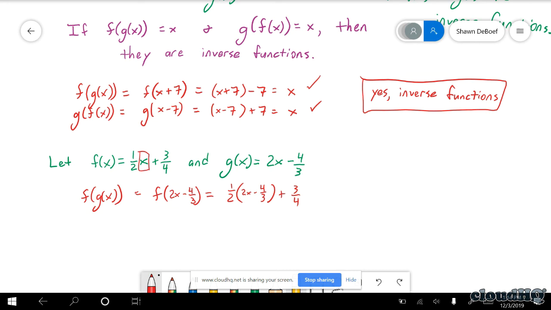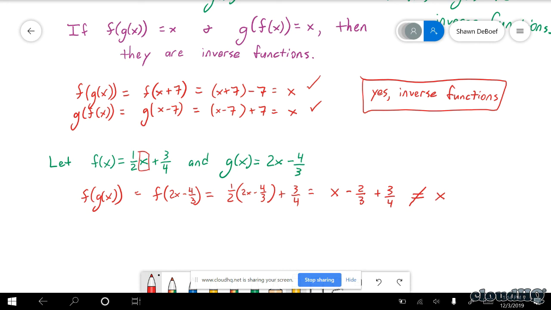Looks like I get to distribute that 1/2. 1/2 times 2x, that's x. Great, good start. 1/2 times negative 4/3, that's negative 4/6, so it simplifies to negative 2/3. And then at the end I have plus 3/4. Does that equal x? It does not equal x.